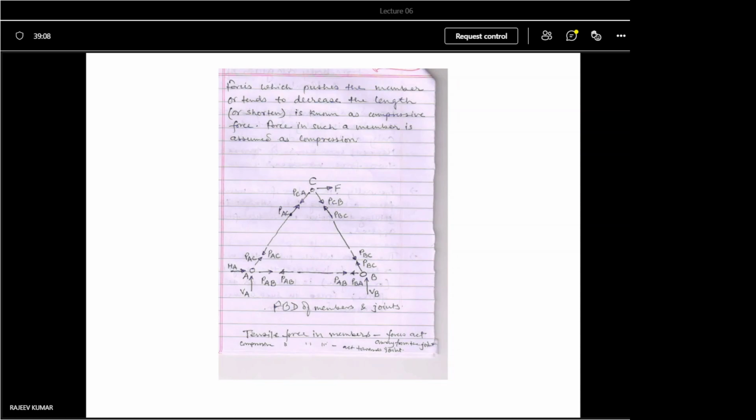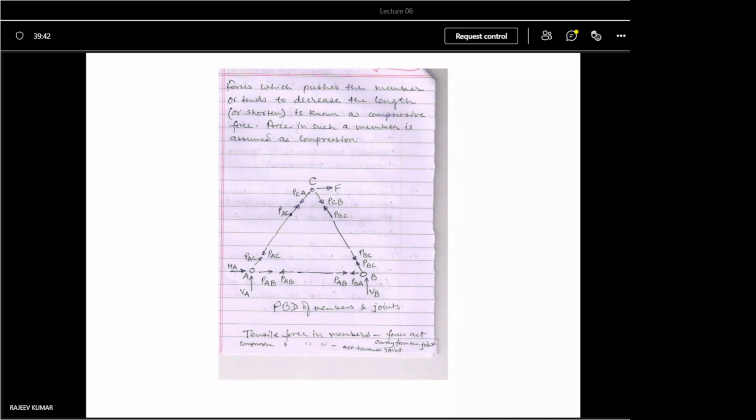For tensile force in the member, the force acts away from the joint. Initially, if you do not know, if the problem does not give it, then you assume in each member that it is a tensile force. In each member tensile forces are acting, so you show it from the joint in the outward direction.